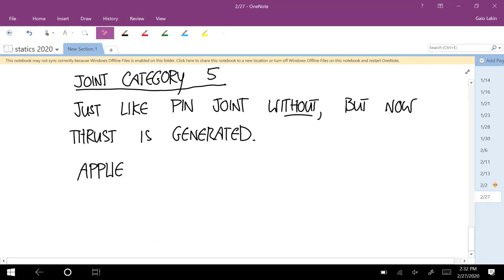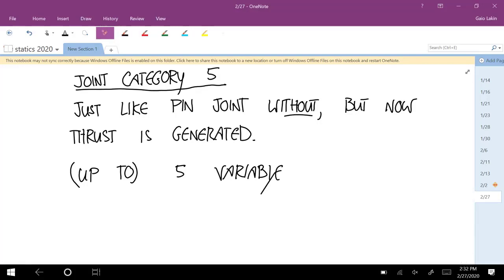So up to 5 variables are added to Newton's laws.